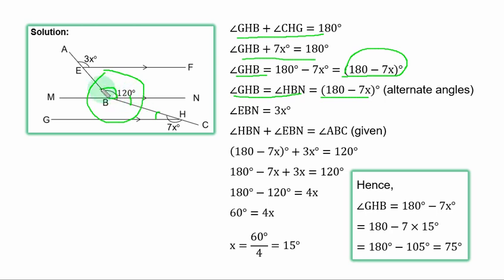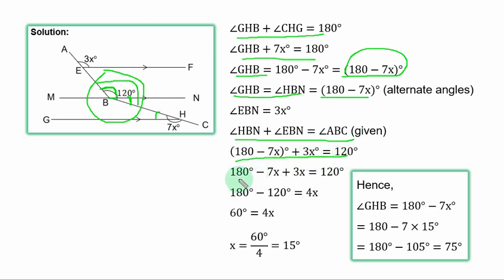Now you know this angle and you know this angle. The whole of the angle is 120 degrees. So if you add the two sub angles, you equate it to ABC as given to you. That is this plus this equal to 120 degrees.